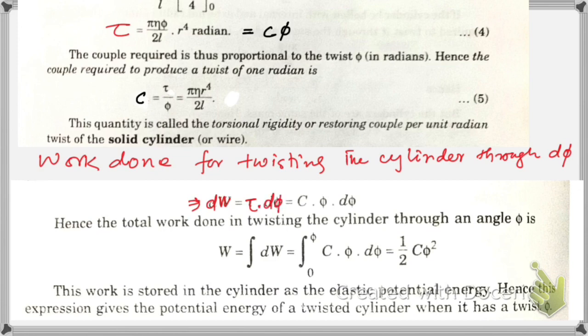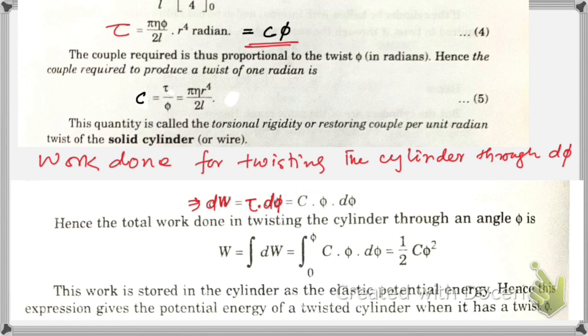So tau is C into phi, C phi, you can consider that way, right? Tau we have already got, tau is equal to C phi, so we have put here C phi instead of tau, right?